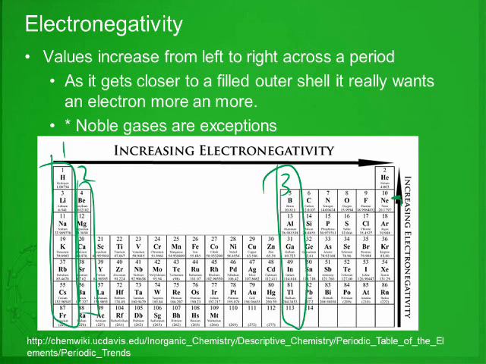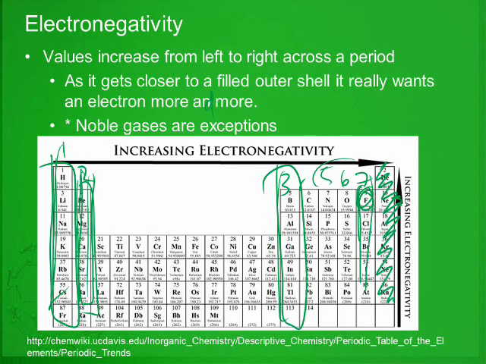As it gets closer to a filled outer shell, it really wants an electron more and more. So these groups don't want that electron. They'd rather get rid of it, so they don't have electronegativity. These guys, 5, 6, 7, have the most, especially up here. We're going to exclude these fellas.